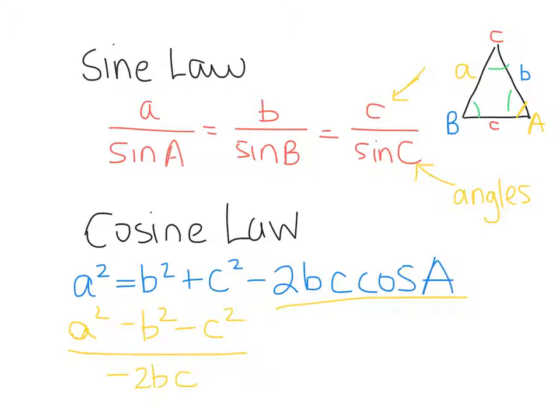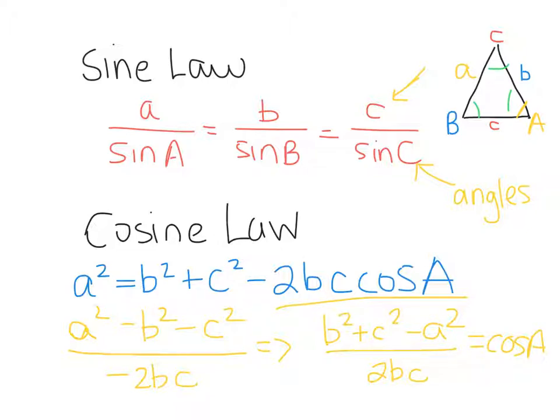That's what cos A equals, but you might also see that written as b squared plus c squared minus a squared divided by 2bc. Both are the same exact formula, it's just we isolated a negative one so that the formula has no negative on the bottom. So this formula here is equal to cos A.